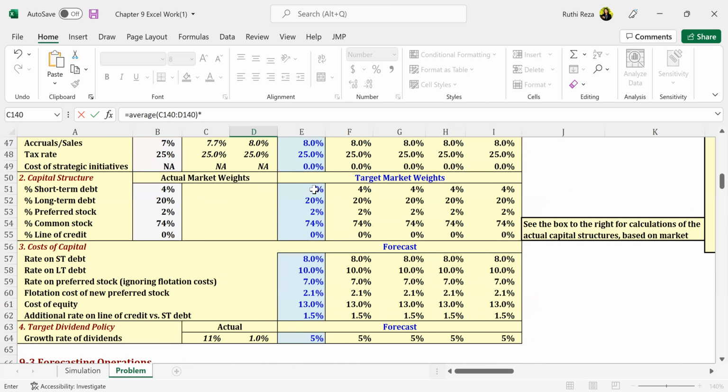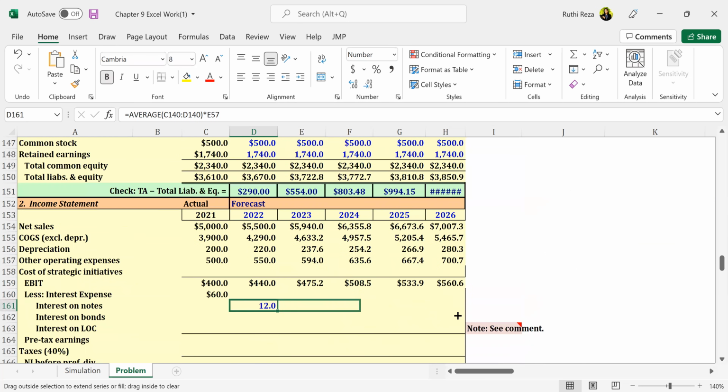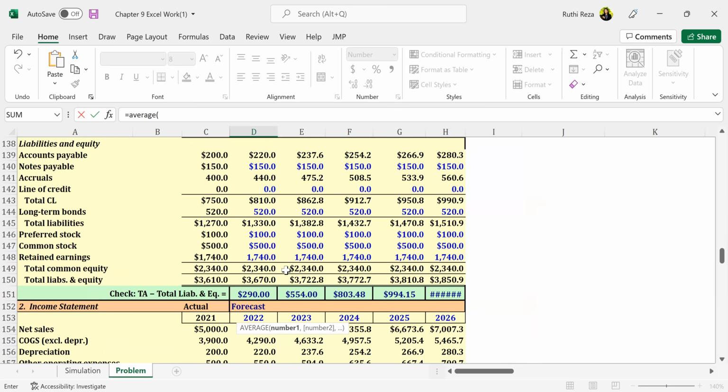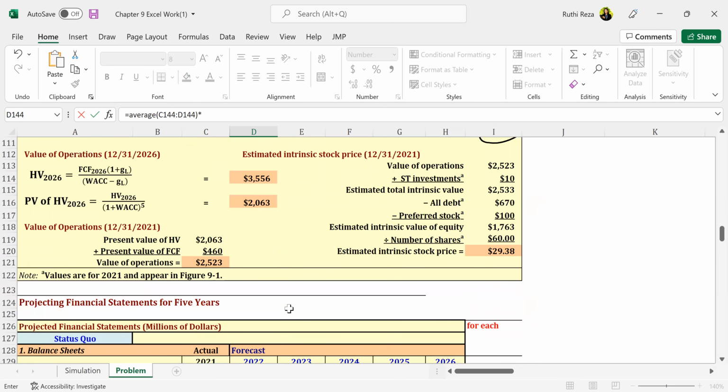So our interest rate on short-term debt is 8%. Next, interest on long-term debt, again, average of long-term debt this year and the last year times long-term interest rate.